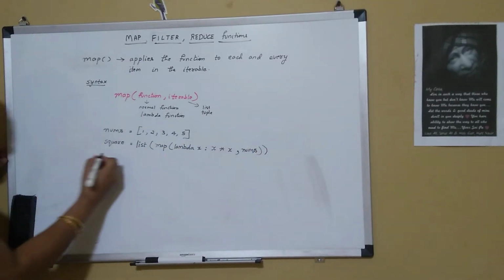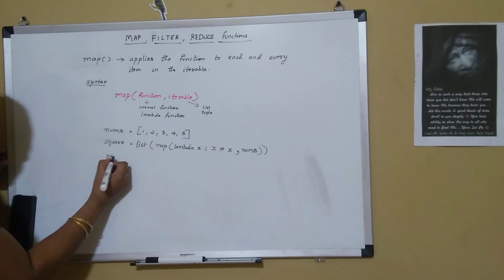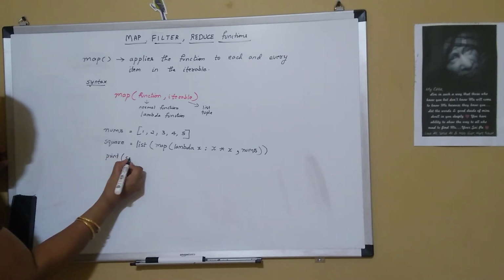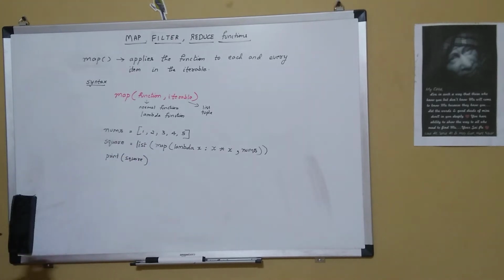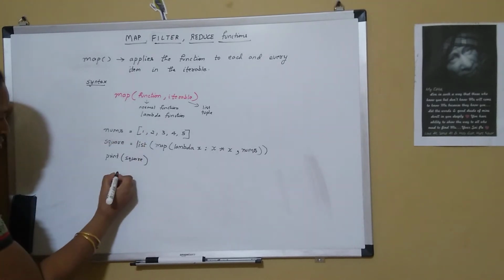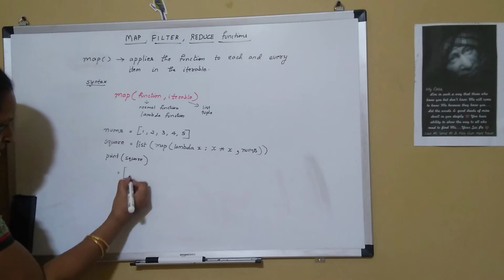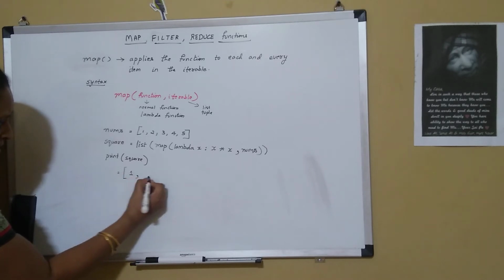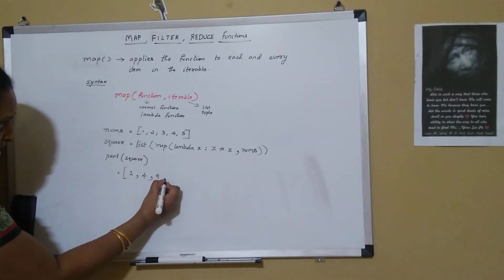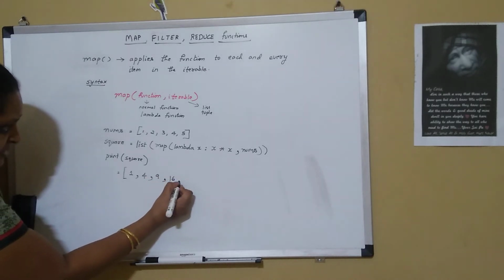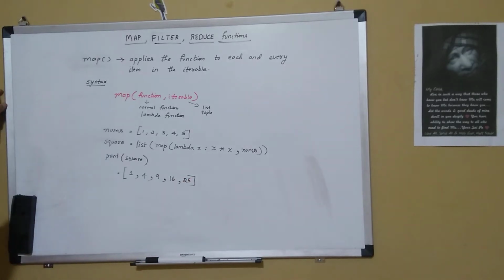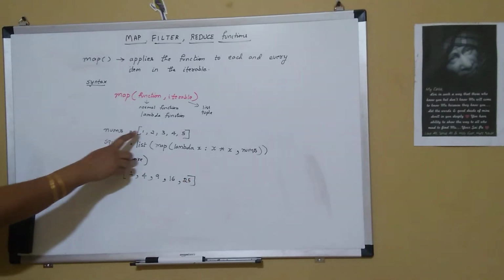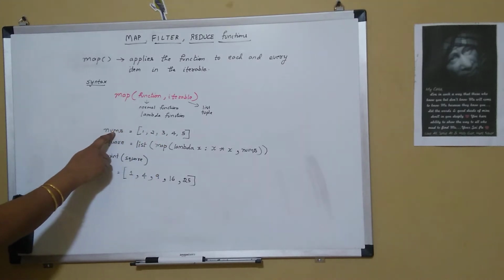So now when I print my square, it will give a list of numbers which are the squares of these numbers. It will say 1 to the power 1, 2 to the power of 2 is 4, 3 to the power of 3 is 9, 4 to the power of 4 is 16, 5 to the power of 5 is 25. So it will return a list of the squares of the numbers present in the list nums.